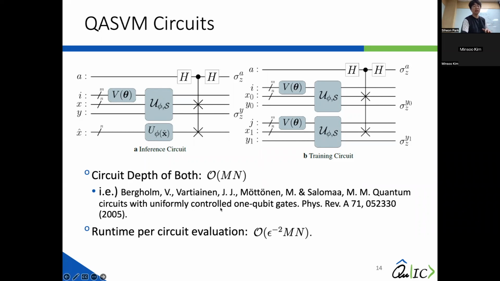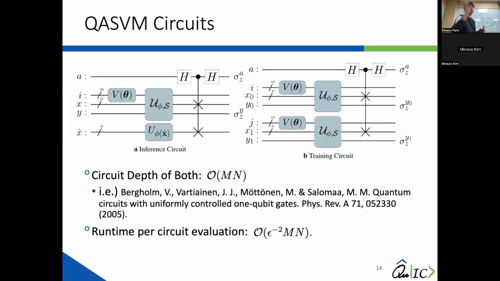So what this does is condition on all states. If this is 0, 0, 0, it gives a certain value, and if this is 0, 0, 1, it gives a different value. That's what this one did. And it said this scales exponentially in the number of qubits, which is logarithmic in the number of data.